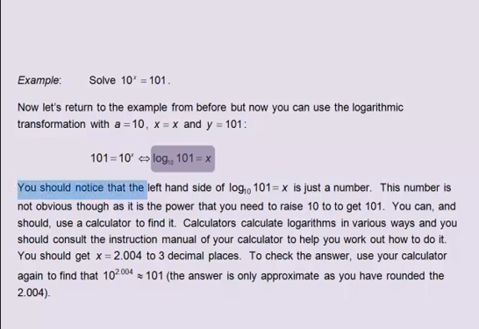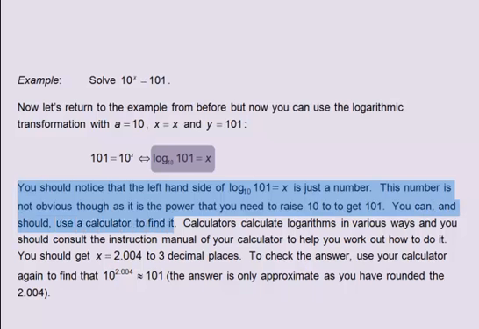You should notice that the left hand side of log to the base 10 of 101 equals x is just a number. This number is not obvious though, as it is the power that you need to raise 10 to get 101. You can, and should, use a calculator to find it.